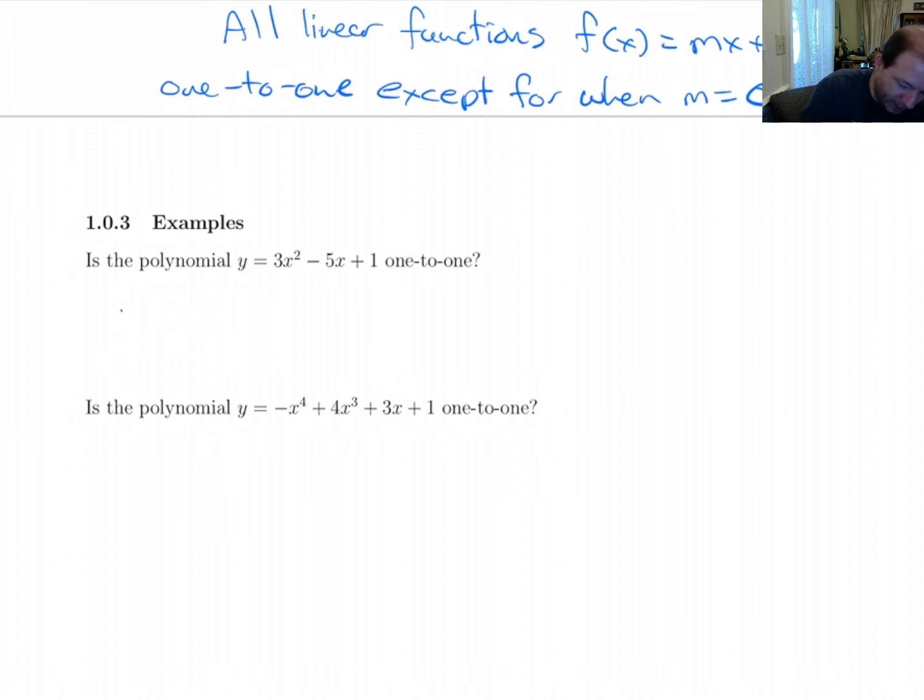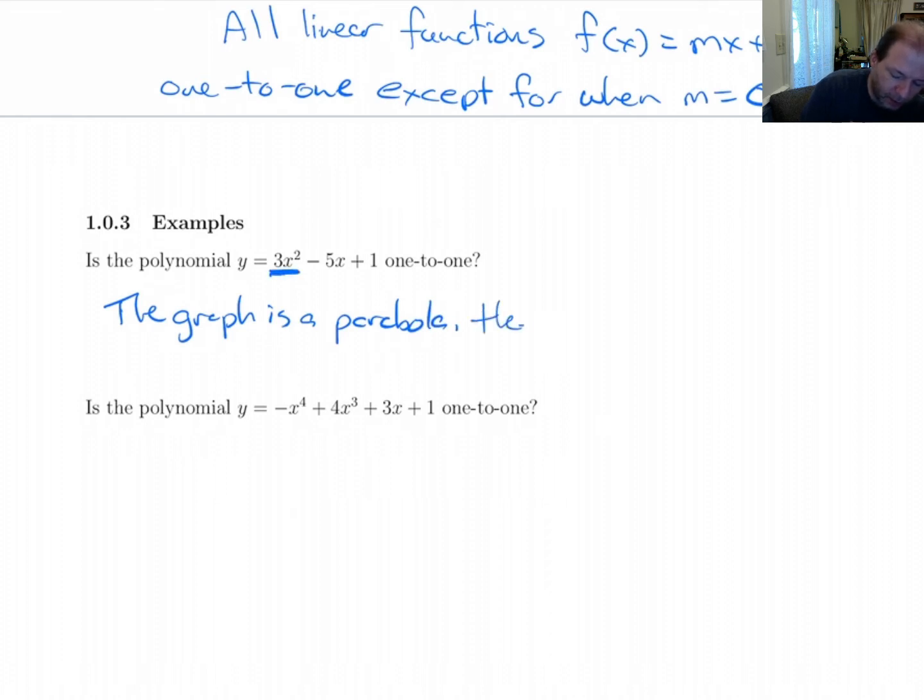The graph is a parabola. And since the coefficient on x squared is positive, it's a parabola that opens upward.